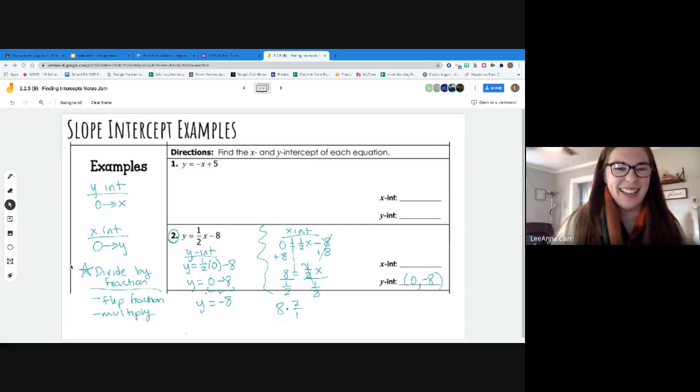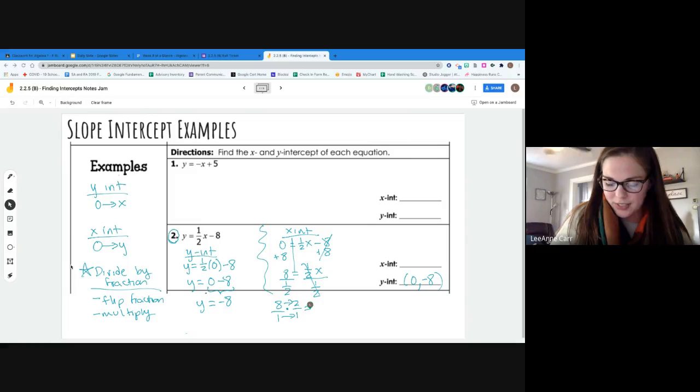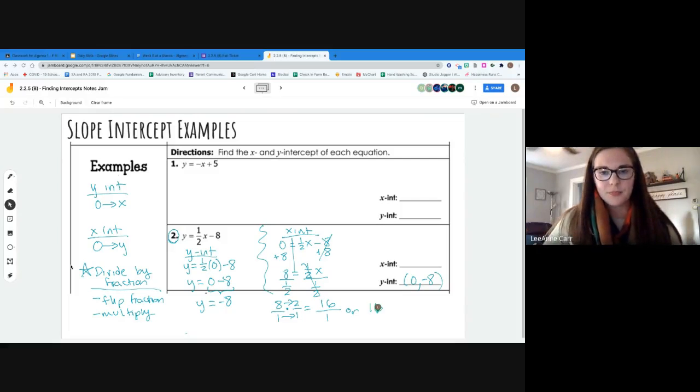You guys got it. Yes, we're going to put a 1 under it. So now we multiply the tops, multiply bottoms. Our numerator, 8 times 2 is 16. And our denominator, 1 times 1 is just 1. So our answer here would be 16/1 or just 16.